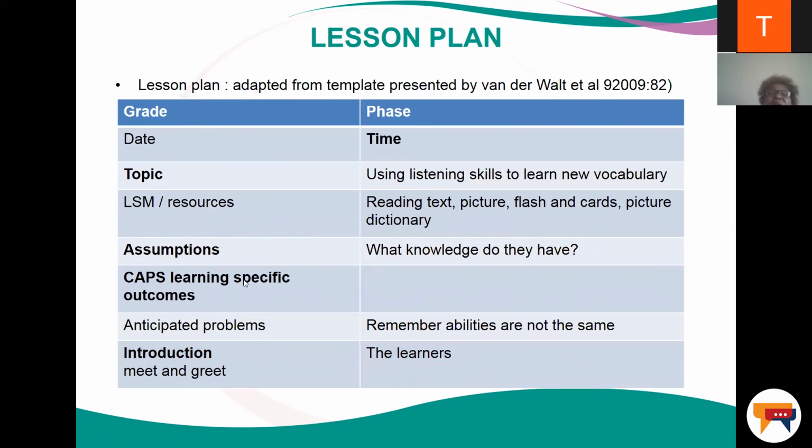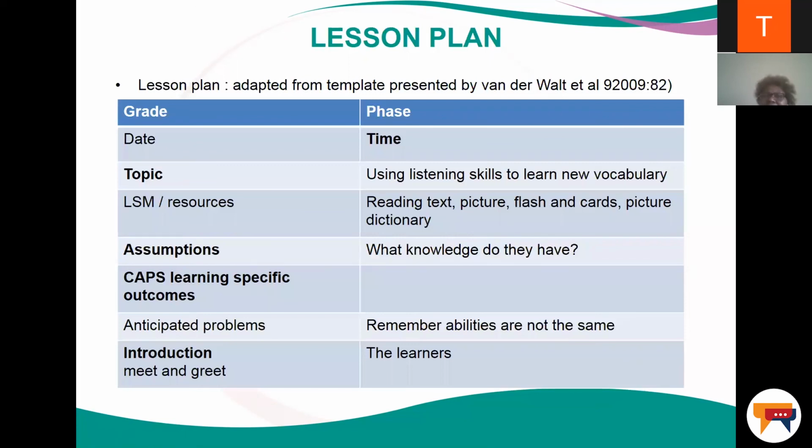This is how a lesson plan will look. The grade, because we want to see those different levels, the phase, the date, the time, the topic. Please, your topic must not be the name of the book you are reading.